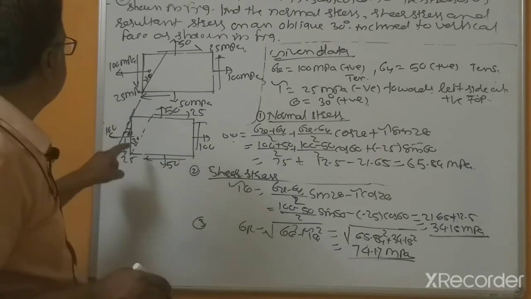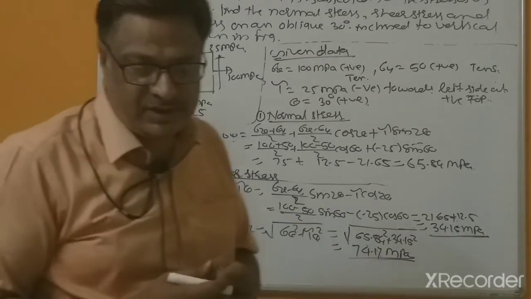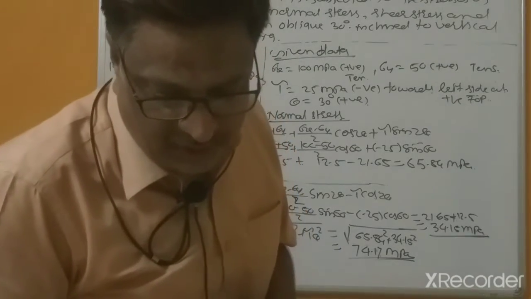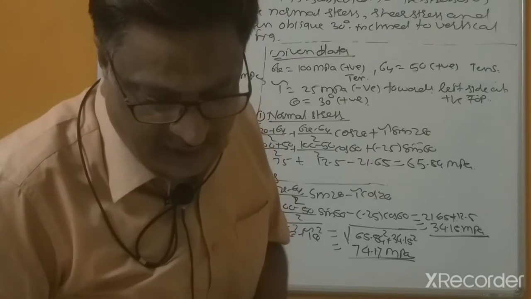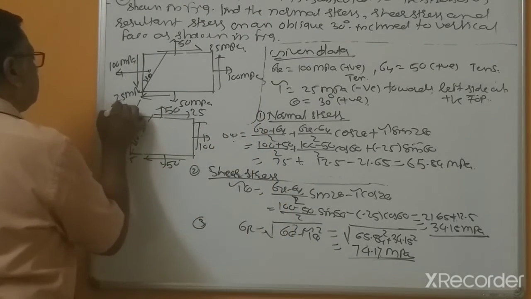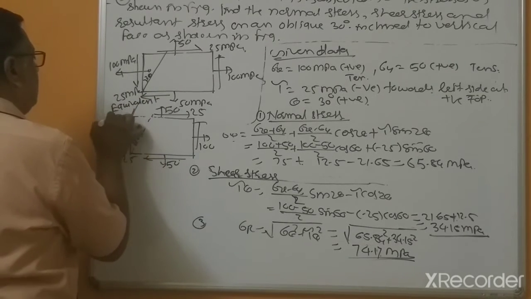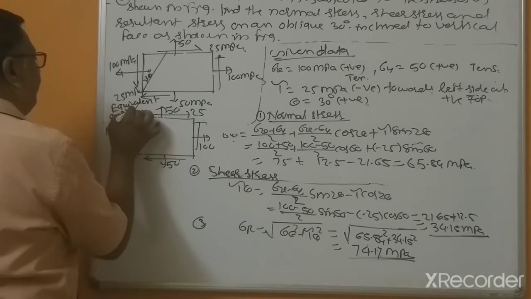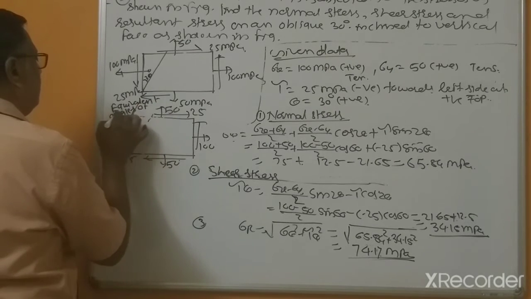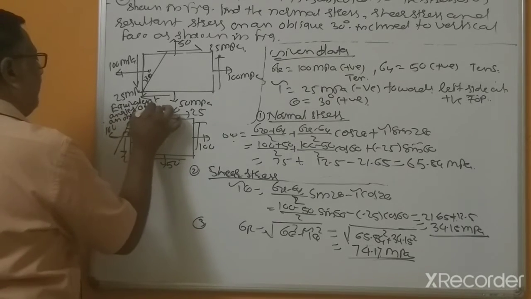Now what changes? Because these angles go to the outside, here you can write equivalent angles of an oblique plane.